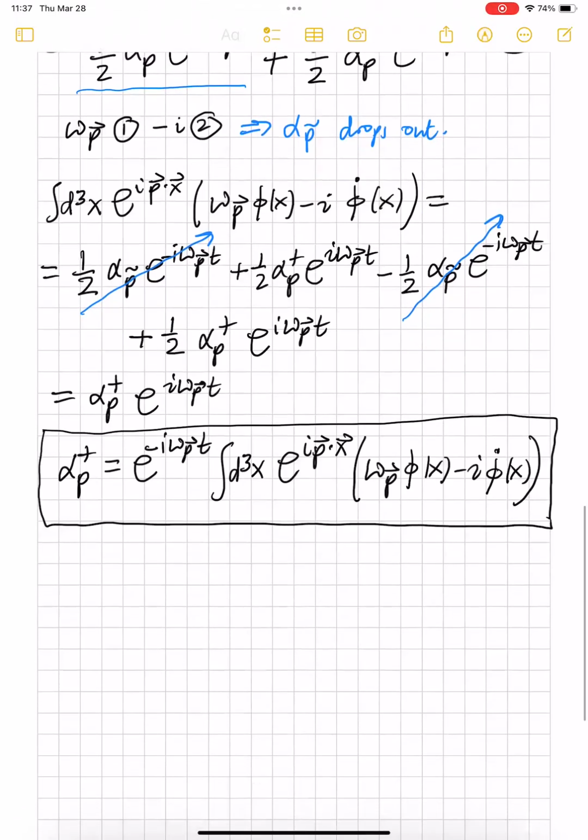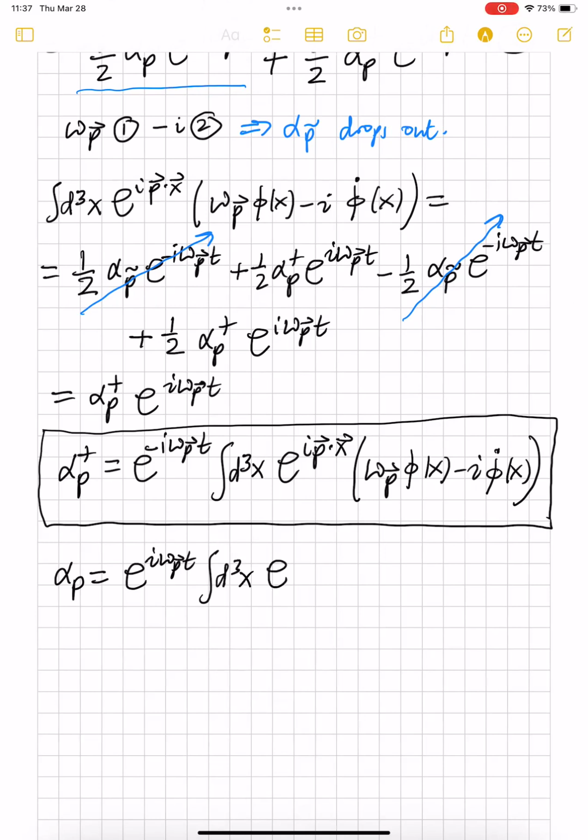Now you could go through the same exercise to get a formula for alpha. That would be, I think the correct term is witless, because you can get a formula for alpha p just by daggering. So if we dagger the equation that we've got, alpha p dagger becomes alpha p is equal to, the dagger will just complex conjugate the exponential, so we'll get e to the i omega p t, d3x is real, so nothing changes to the d3x.